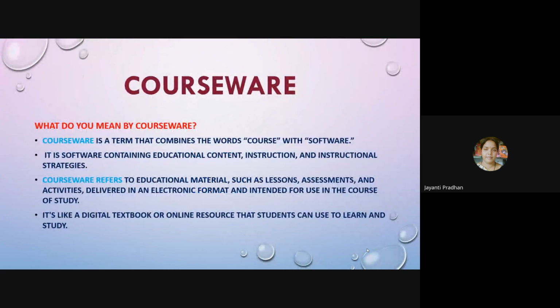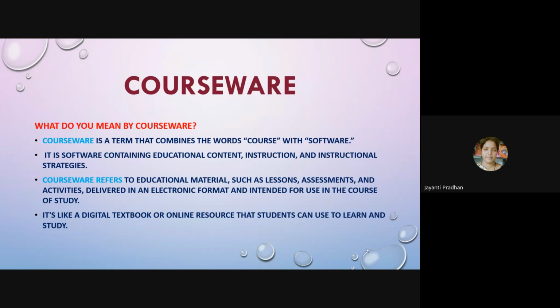So we can say courseware is a term that combines the words course and software. When we discuss courseware, it specifically relates to the technology part. It is the software that contains educational content, instructions, and instructional strategies, that is, the methodology.